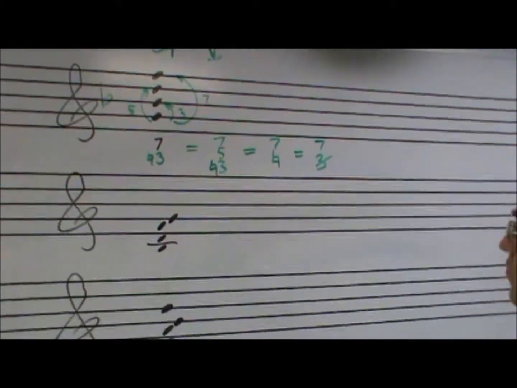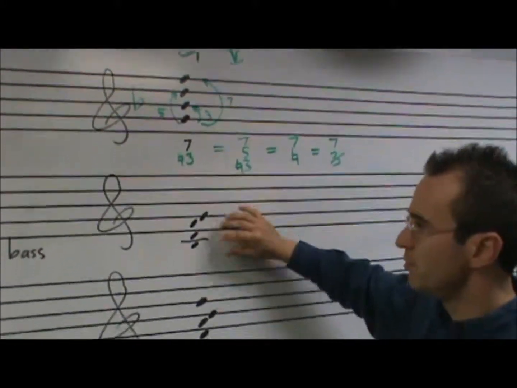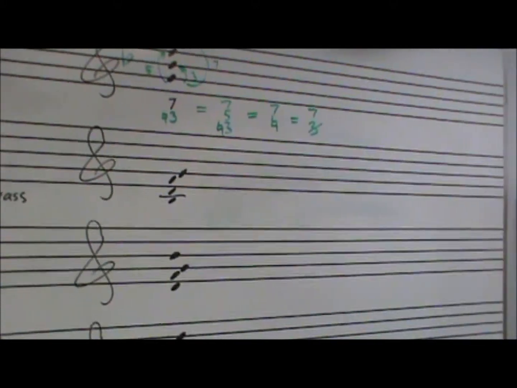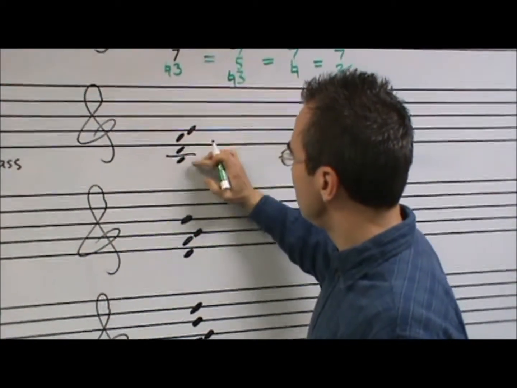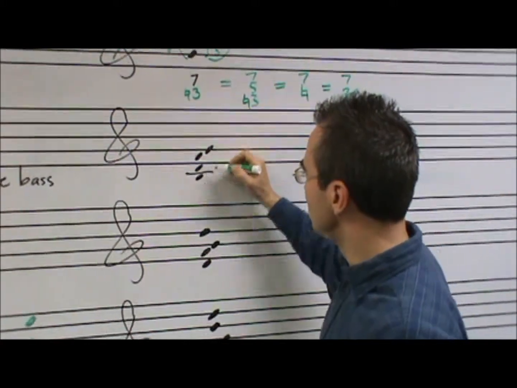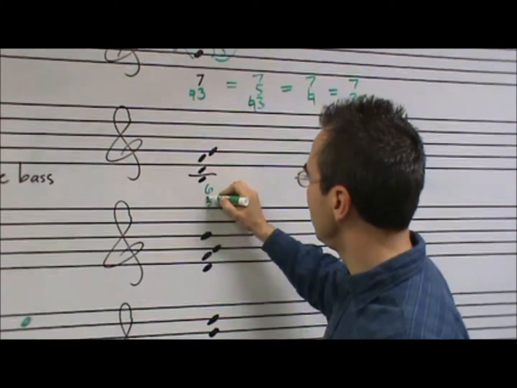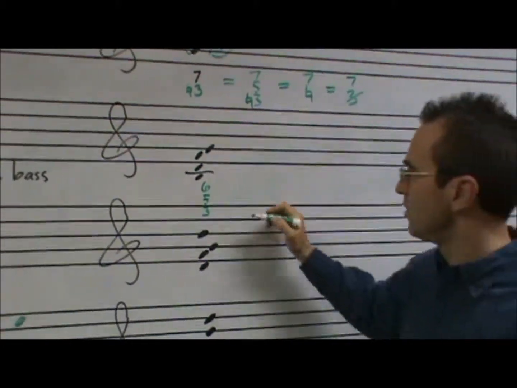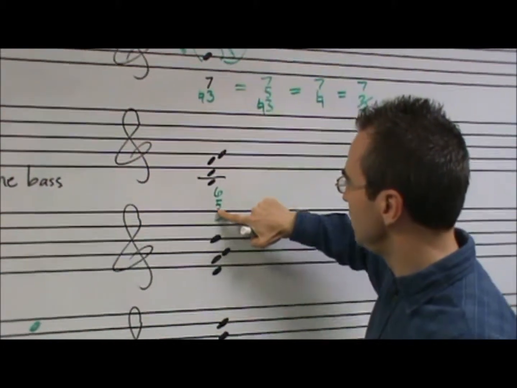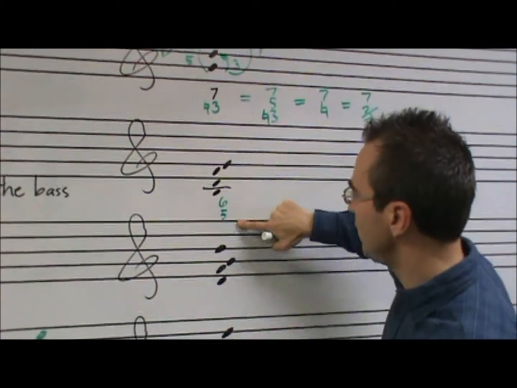Okay, so now, what do you do with this? Now remember, we're dealing with intervals above the bass. So we could say, what are all those intervals? Here's a 6th, here's a 5th, and there's a 3rd. And what we need is the shorthand for that. And the shorthand would be get rid of the 3 and just write 6, 5.